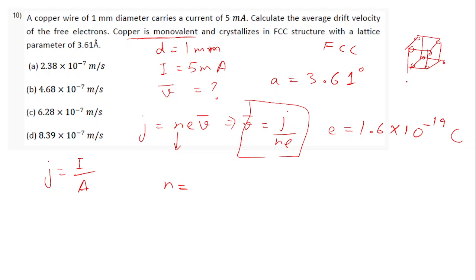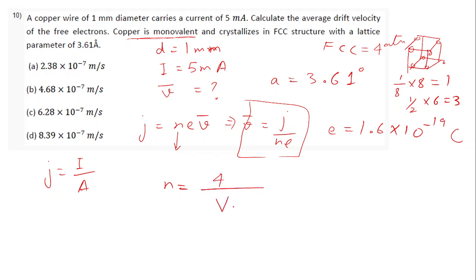We have done this many times: all the corner atoms contribute 1/8, and we have 8 of them, so total 1. We have 6 atoms on 6 faces, all contributing half, so half times 6 means 3. So in total we have 4 atoms in an FCC unit cell. So the number of atoms per unit volume will be 4 divided by the volume.